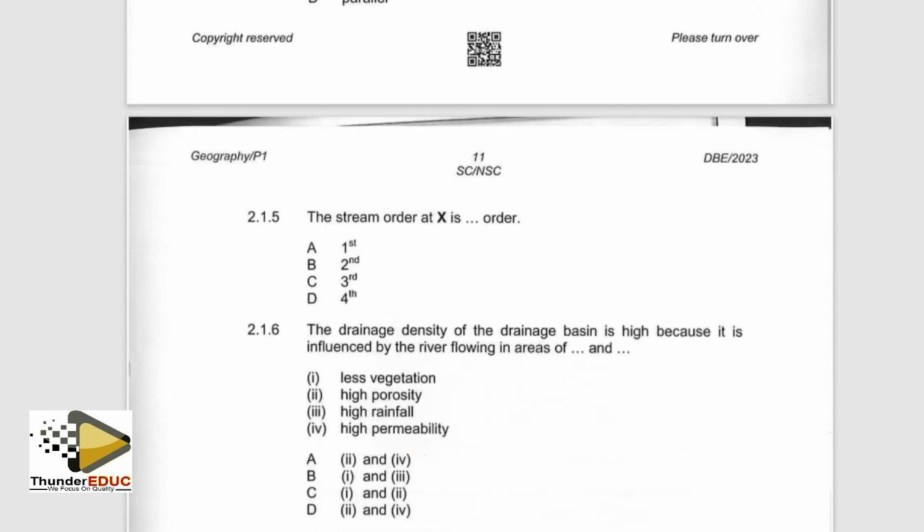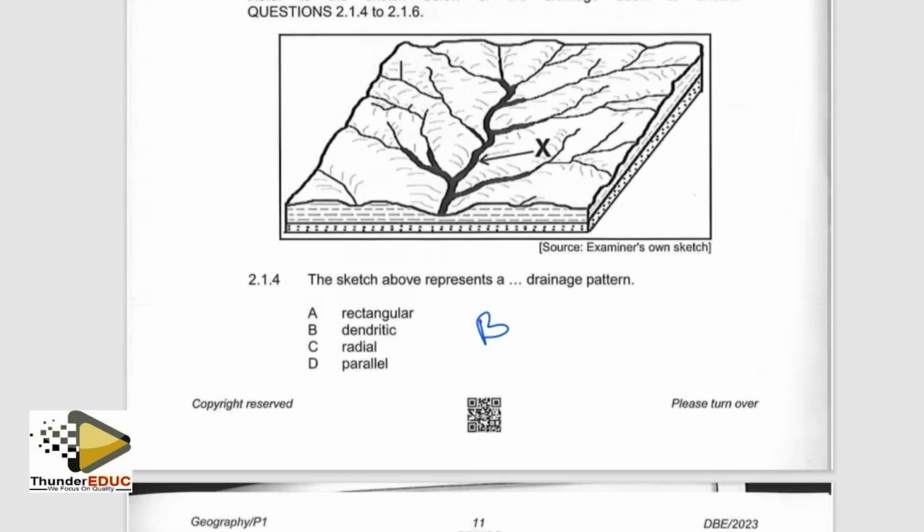2.5.5, the stream order at X. Where is X? X is here. So which stream order? 1 and 1 is 2, so we keep 2. Then 2 mixed with 2 forms 3. Here 1 and 1 is 2, so we keep 2 here.